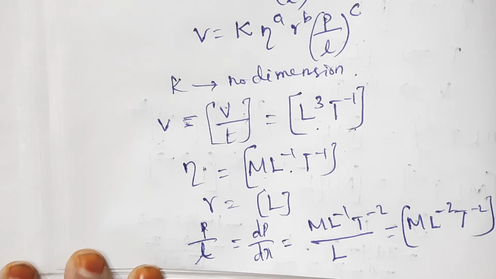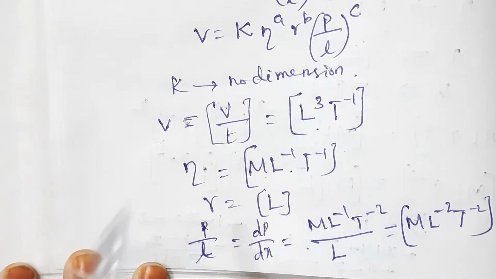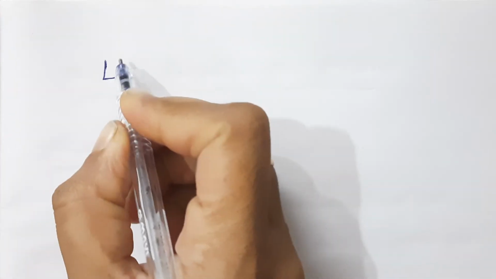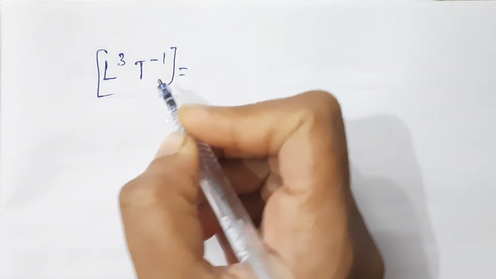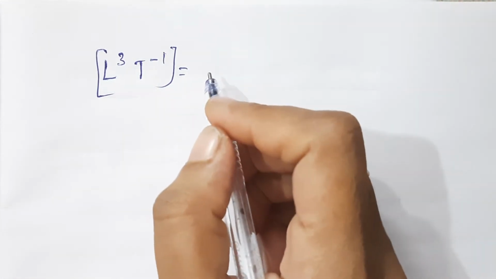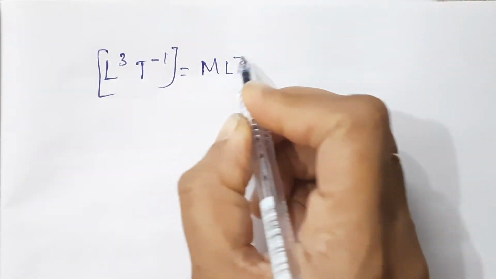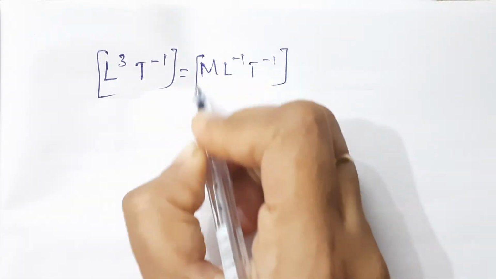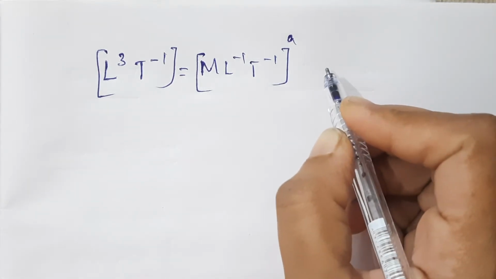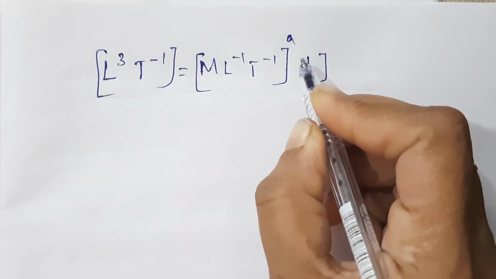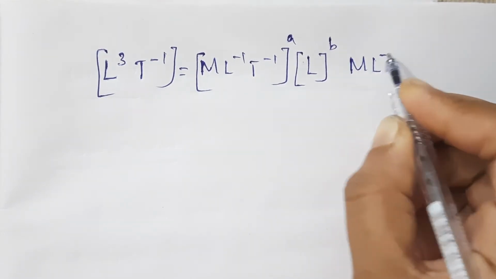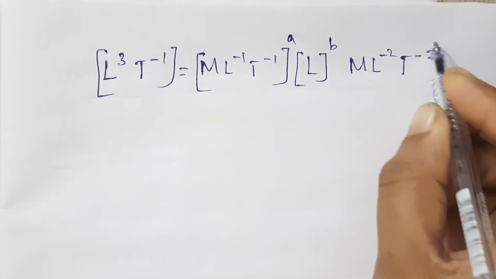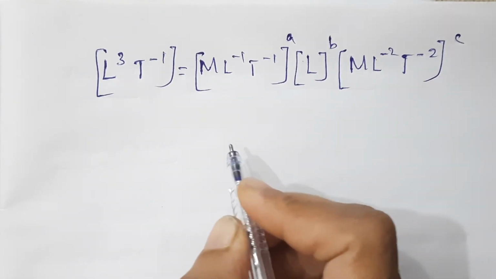Let's substitute these dimensional formulas in the equation and solve. For volume, L cube T raised to minus 1 is proportional to K, which has no dimension, then eta, M L power minus 1 T power minus 1 the whole power A, then R, L power B, then pressure gradient, M L power minus 2 T power minus 2 the whole power C. Let's simplify this.